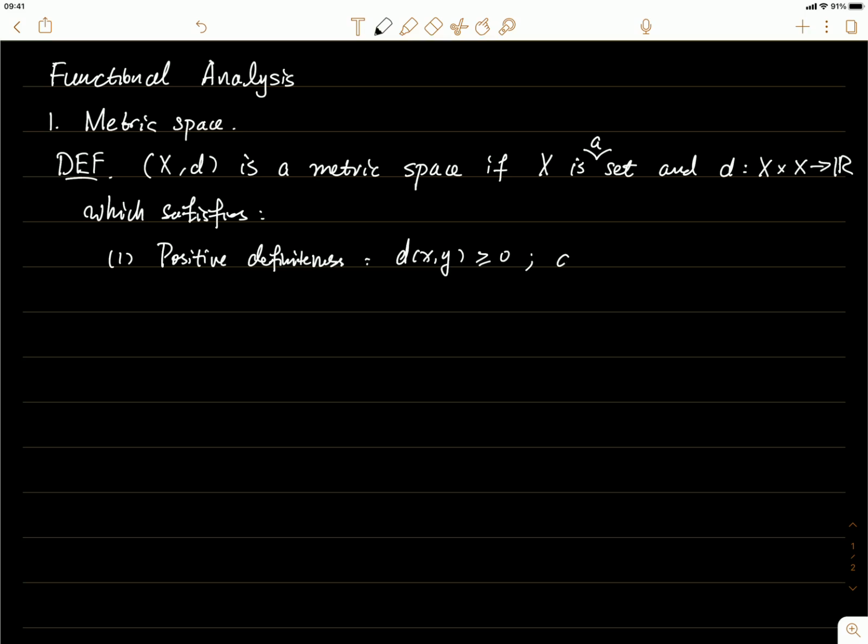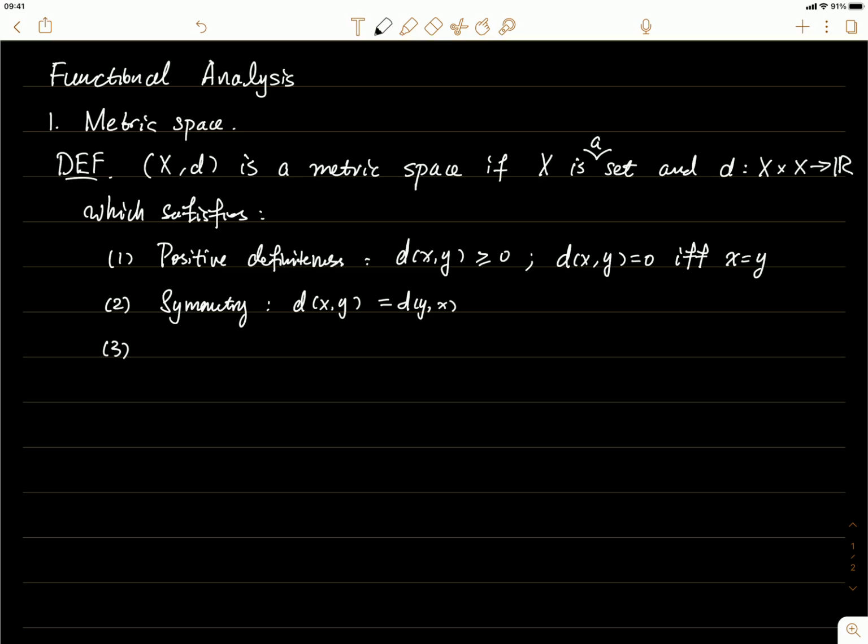And also, the value is equal to 0 if and only if the 2 points are the same. The second condition is the symmetry, which means that the distance or metric between x and y is the same as the distance between y and x.